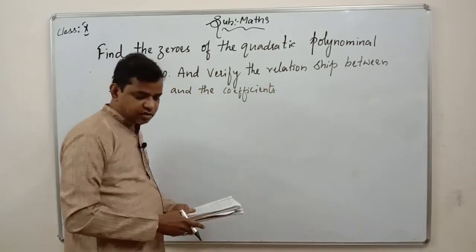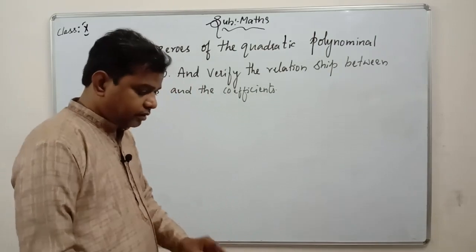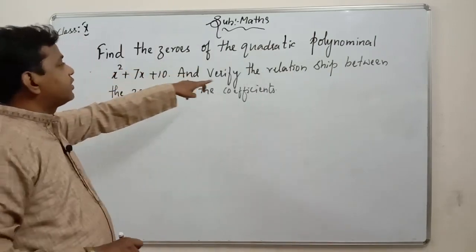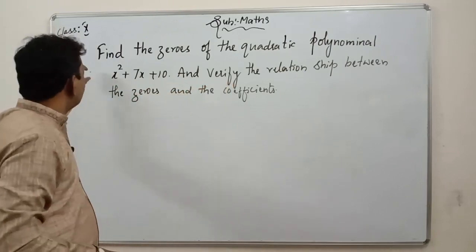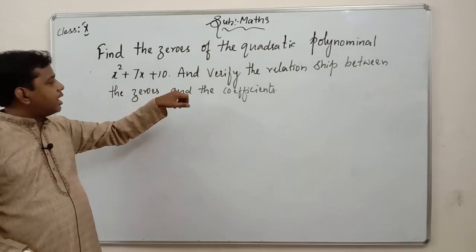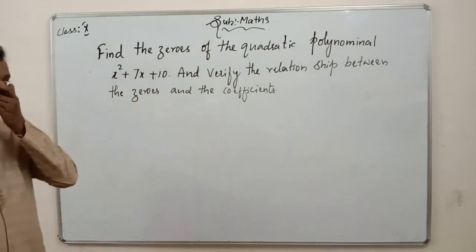Okay, this is the question, and he has given already. He is asking us to find the zeros of the quadratic polynomial. The polynomial is x square plus 7x plus 10, and verify the relationship between the zeros and the coefficients.